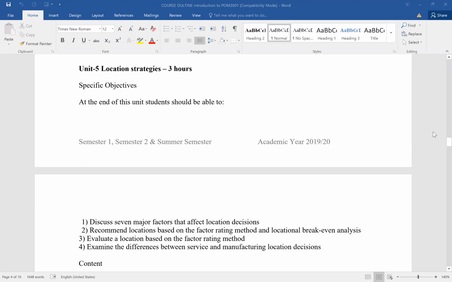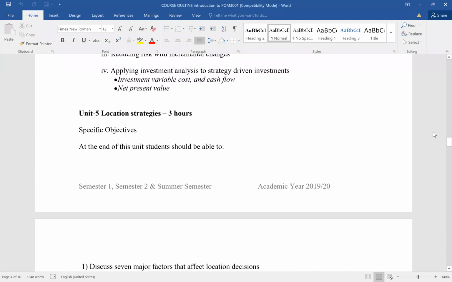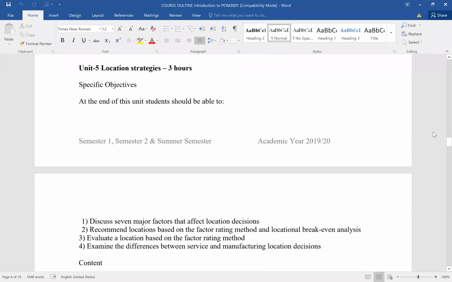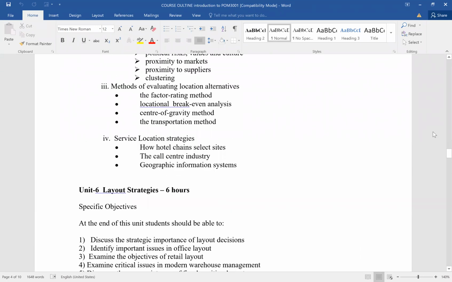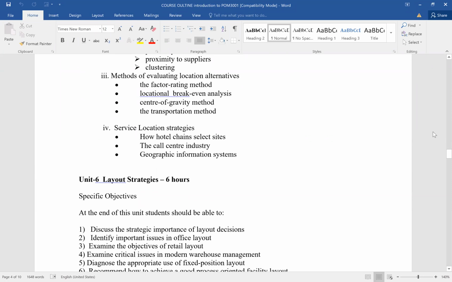We want to examine the difference between service and manufacturing location decisions. Because if you're manufacturing, you want to locate at a certain area, versus if you're doing retail or selling or want people to come into your store, then you need to locate at another particular area. And we have some things that determine where you locate your facility, if it's manufacturing or retail.